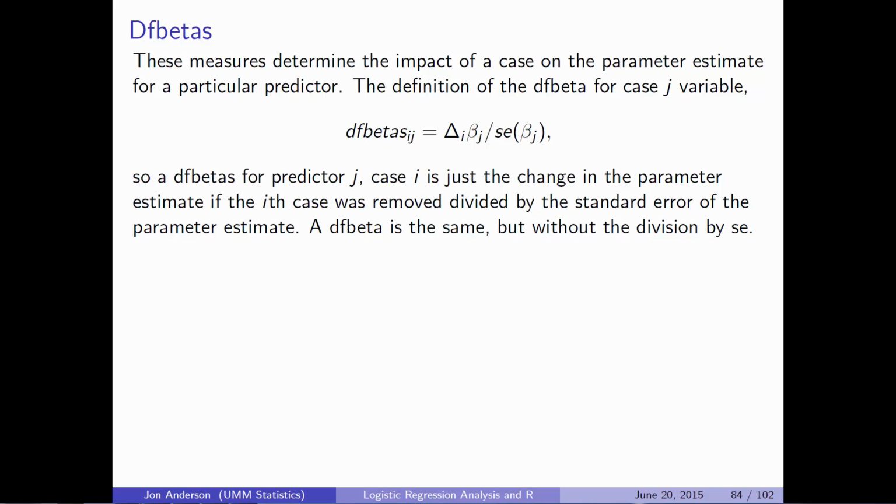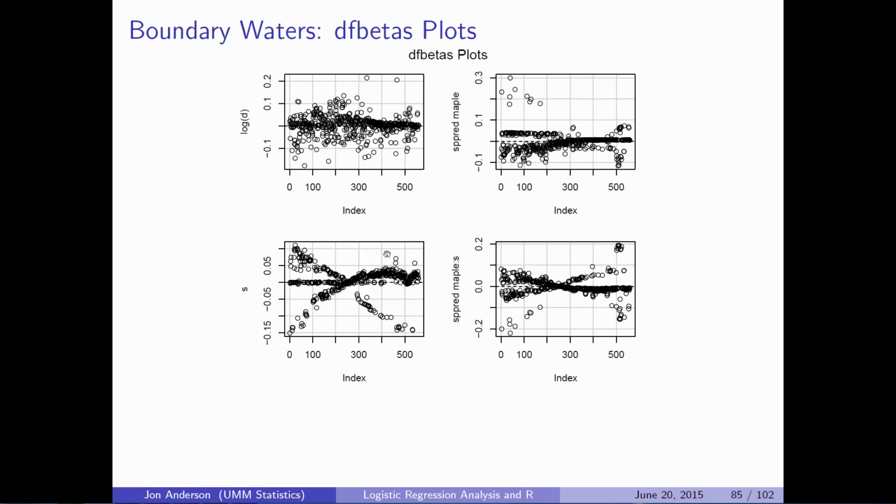DF betas are measured in standard errors, and so we usually think of half of a standard error or a whole standard error as being a substantial amount of influence or change. And you can plot DF betas and look for things that are like negative 0.5, negative 1, positive 0.5, positive 1. Those are substantial standard error changes in coefficients for deleting a single case.